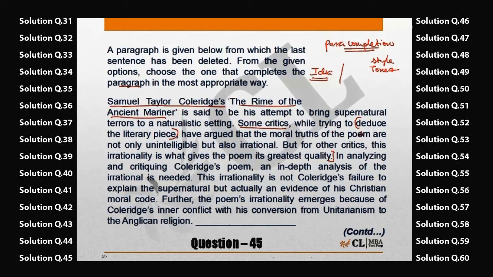Coleridge's poem talks about what some critics feel, that it is unintelligible and irrational, but then it talks about other critics, for whom the irrationality gives the poem its greatest quality. Then the author takes a position. He says that an in-depth analysis of the irrational is needed, and that this irrationality is not Coleridge's failure to explain the supernatural, but actually evidence of his Christian moral code. So we want to have the same flow of ideas.